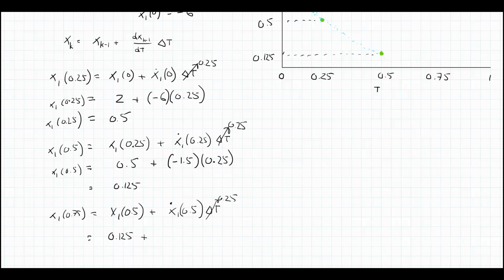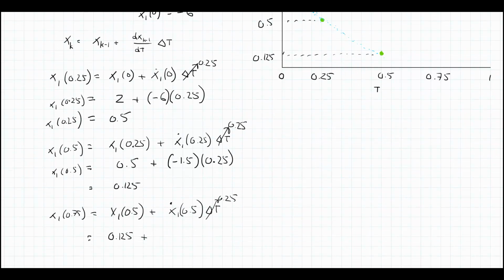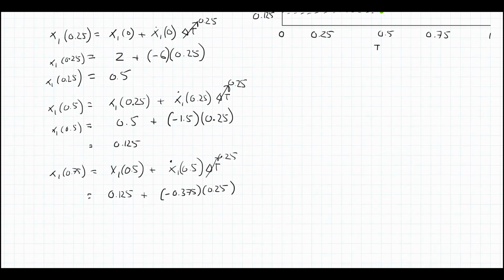I am going to go back to that same definition that x1 dot is -3 times x1. So my previous x1 was 0.125, and I multiply that by -3. So my slope comes out to a negative 0.375 times 0.25. Doing my calculations here, I can get my approximate value of x1 at 0.75 seconds.